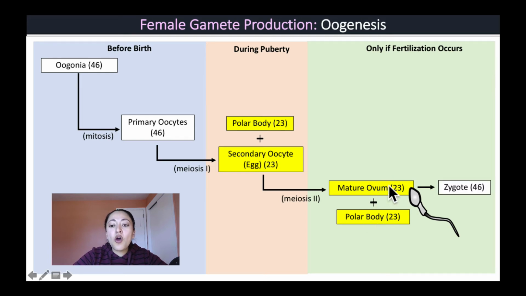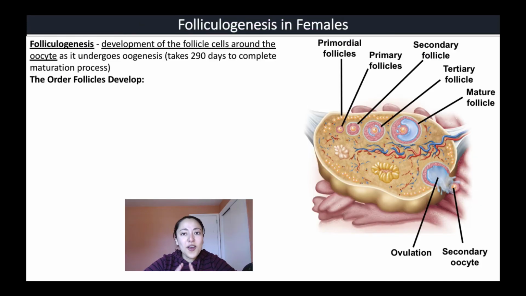And then that mature ovum, now that it's fertilized, will create a zygote with 46 chromosomes, because the 23 chromosomes from the ovum and the 23 chromosomes from the sperm will combine together to create a new diploid cell.